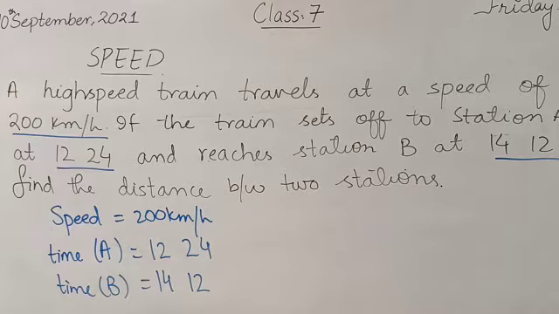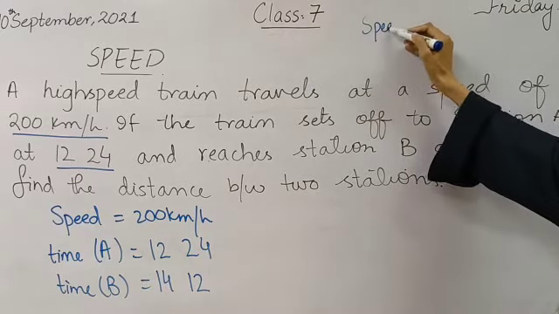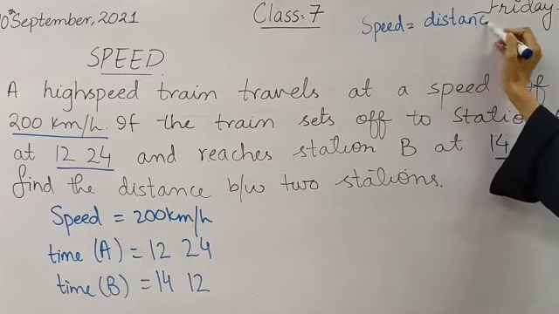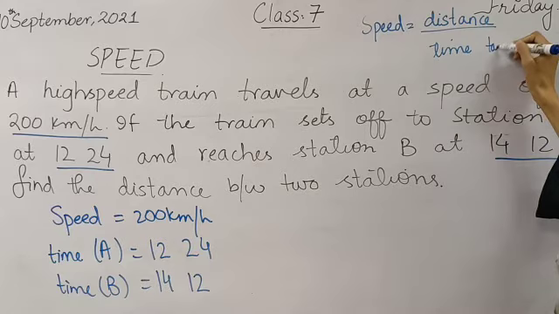Find the distance between two stations. We want to find out the distance between two stations. Okay? So, we know the formula. Speed is equal to distance over time taken. Okay?